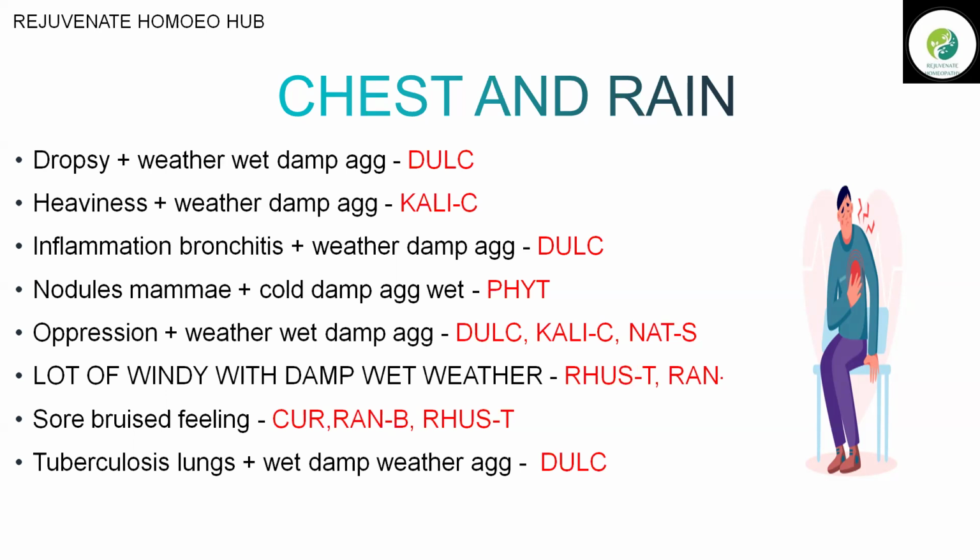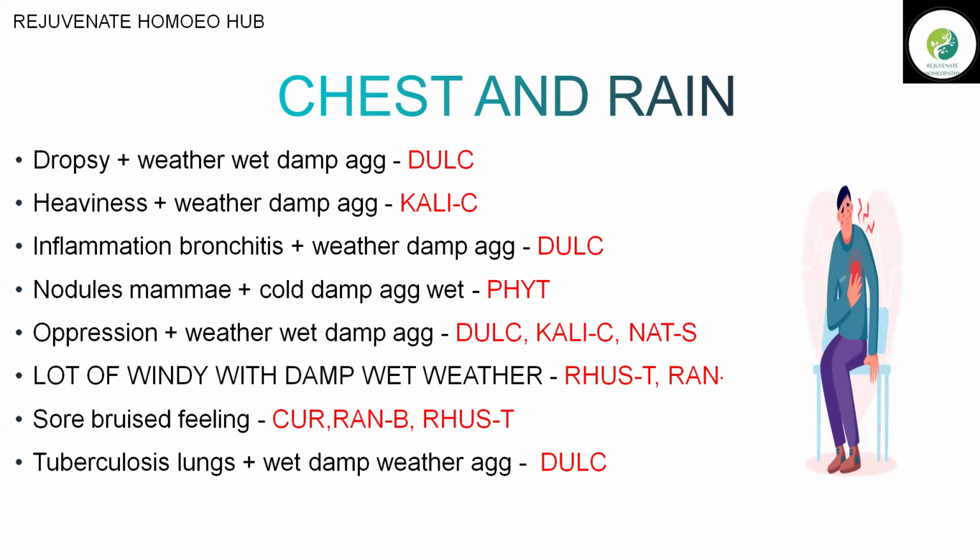Phytolacca, with electric-like pains, you can see. Next, a lot of oppression with this wet damp weather: Dulcamara, Kali carb and Natrum sulph. A lot of windy weather with damp wet weather: Rhus tox and Ranunculus bulbosus. Sore bruised feeling in the chest: Cuprum, Ranunculus bulbosus and Rhus tox.